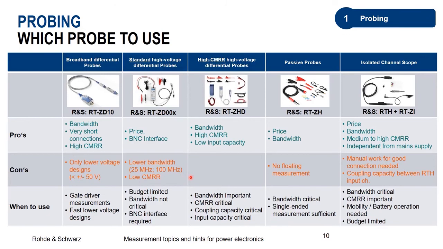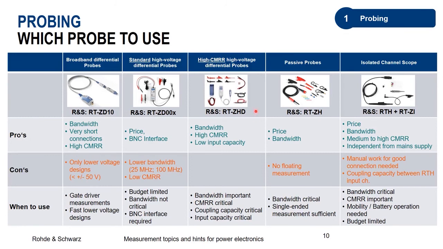But if you do not have a really high demand, such a probe might still be sufficient. But if you care about common mode rejection ratio, then there is the category I would name high common mode rejection ratio, high voltage differential probes. They are particularly designed for that.